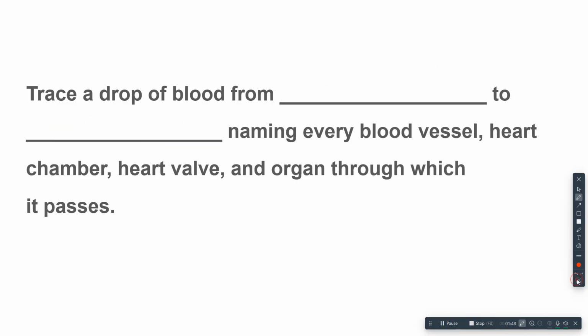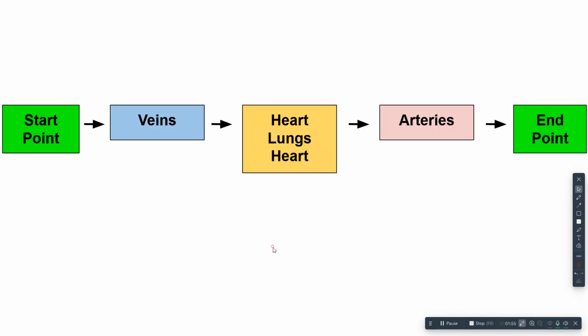Now, one of the great things about a blood tracing question is no matter what the start and stop are, there is always a scheme to your answer. There's always a common way you're going to answer it. You're going to start at your start point, of course. Then you're always going to take veins, and veins always take you back to the right side of the heart, out to the lungs, and then to the left side of the heart.